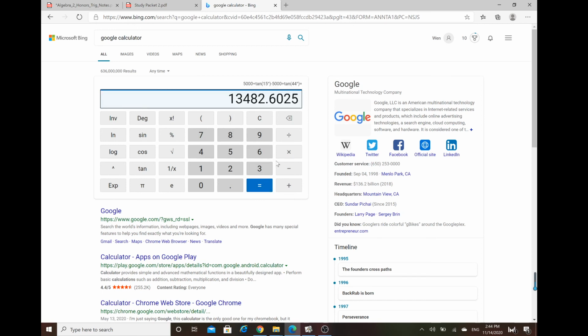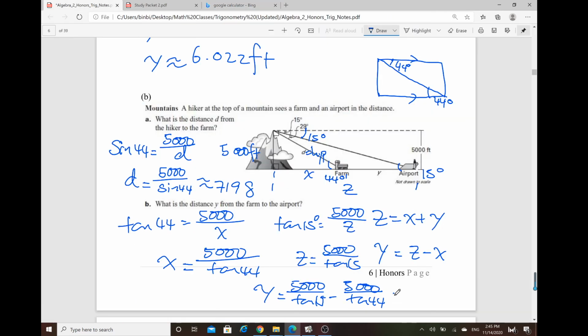So the distance in between is 13,482, or rounded up to a whole number, 13,483. The unit is feet. So that is the distance from the farm to the airport.